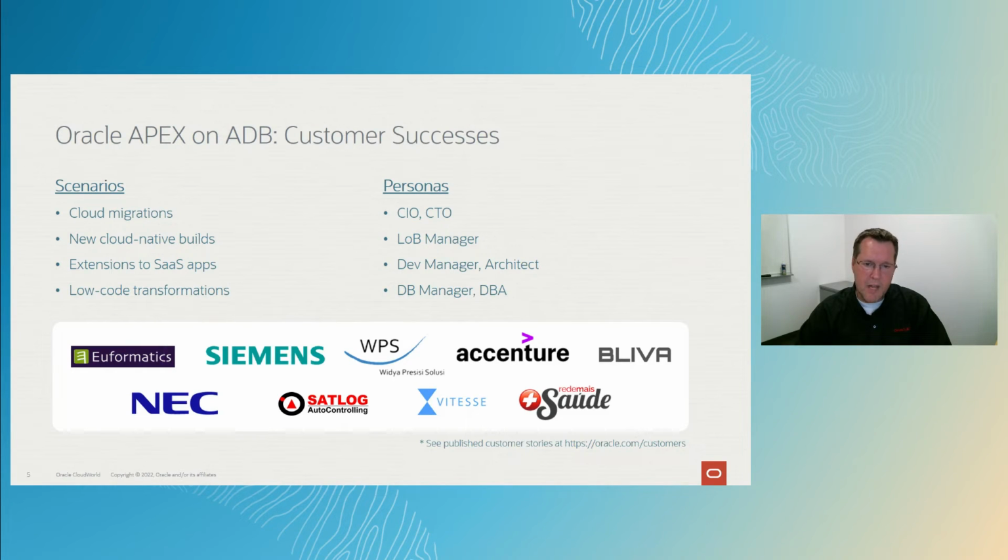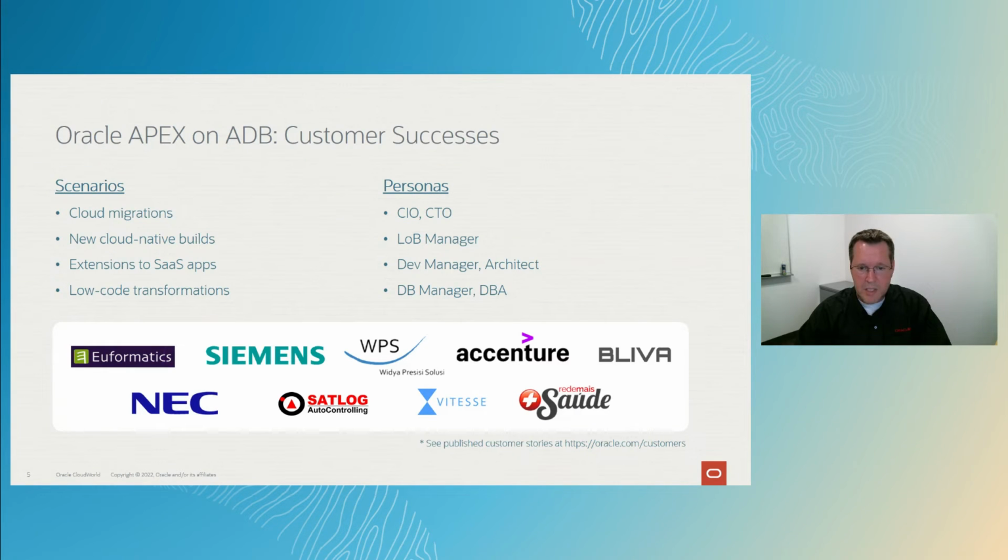Apex is often used for line of business apps, so it's frequently something that is of interest to line of business managers. It's a low-code app servicing a specific line of business. Obviously, of interest to development managers and development architects who are thinking about how to get the most from low-code and low-code platforms and low-code applications. We speak to a lot of development managers and dev architects.